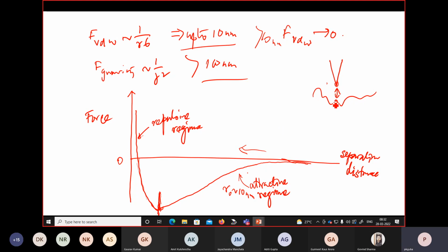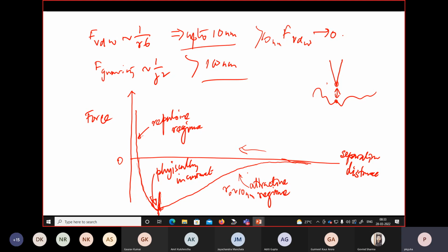Now the thing is, when they are very close, here, this is the position where they are physically in contact. Okay, this position is where they are in physical contact. So when they are in physical contact, there will be electrostatic force, and the electrostatic force is basically repulsive force, right? So this electrostatic force is repulsive force.